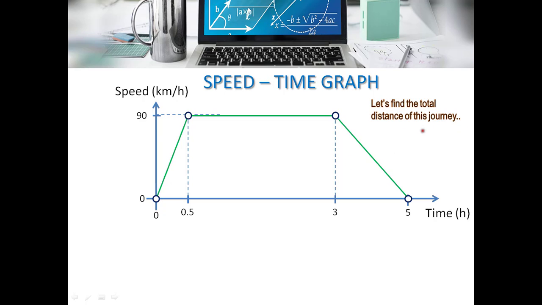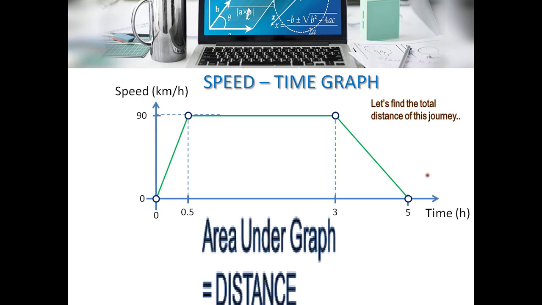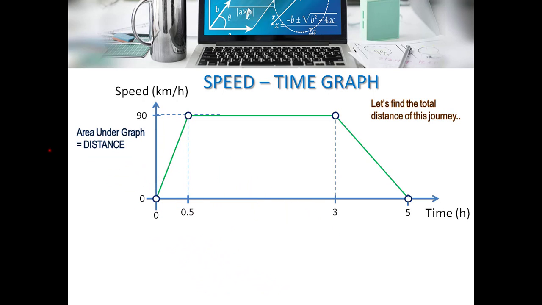For this presentation, I wrap up from the first zero when the car is starting up until 5 hours. So the area under the graph is equal to the distance. Note what kind of question you will have. Maybe we can discuss it after this.